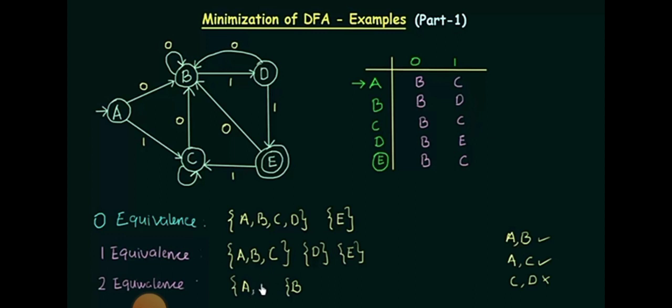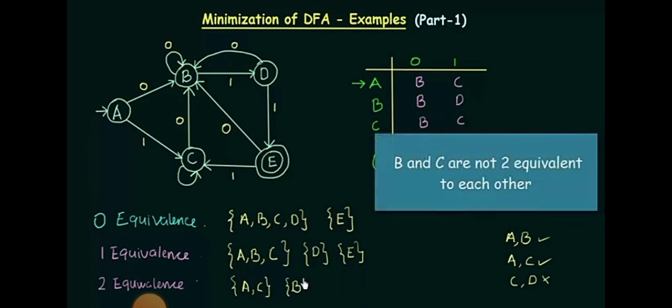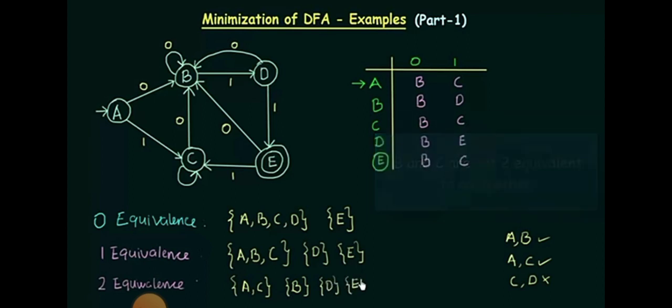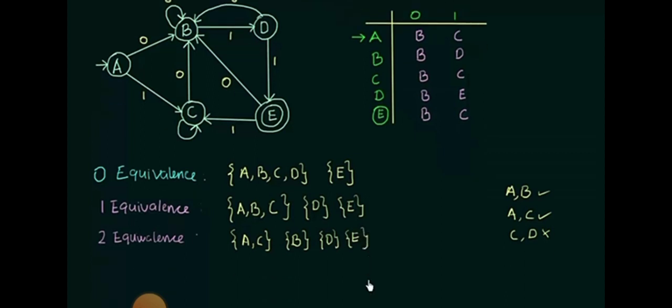So close the first set of A and C. Let's make another set for B and D, and also for E, because we do not have to check D and E anymore since they are in separate sets. They cannot combine in another set anymore. So let's come now to three equivalence.